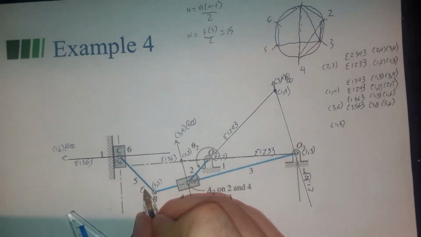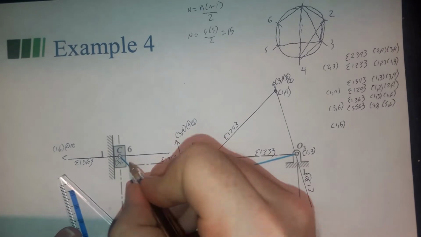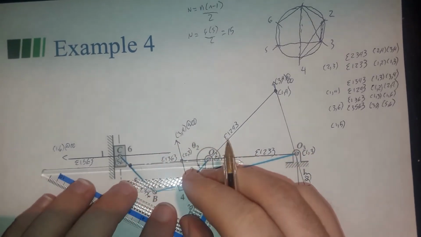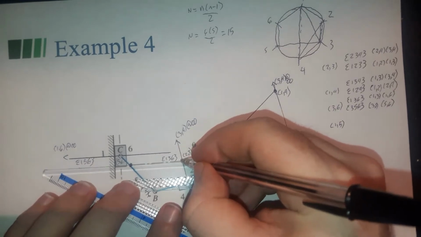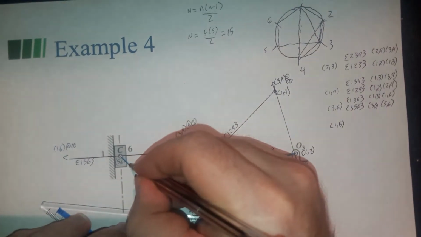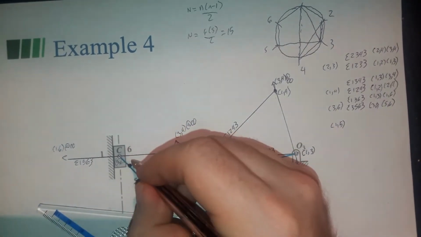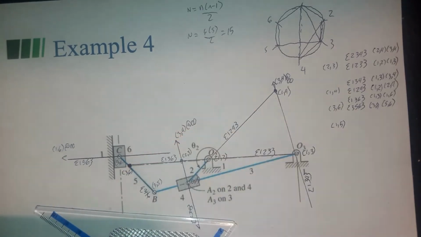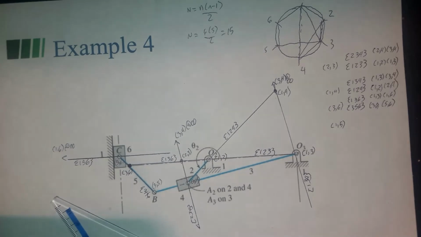So this is line 3, 5, 6, and so the intersection of 1, 3, 6 and 3, 5, 6 is this point right here, and that's point 3, 6. Okay.